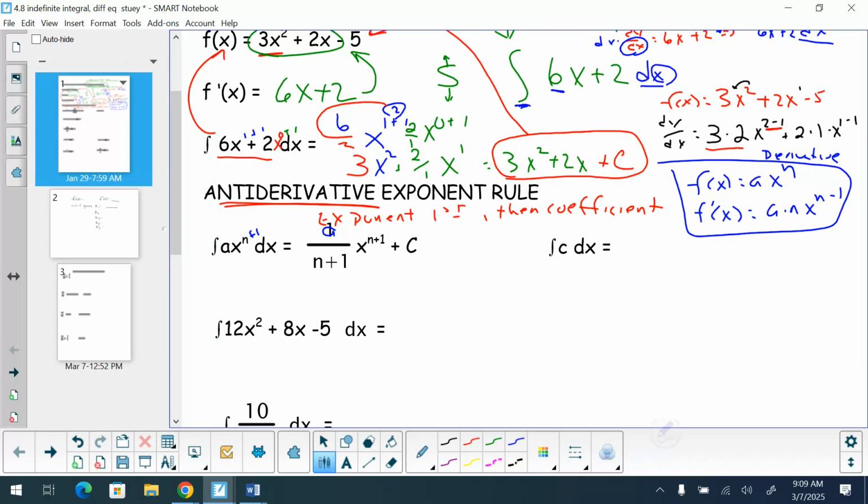If we look at a constant, once again, this is the antiderivative of a constant, x to the 0th power, dx.